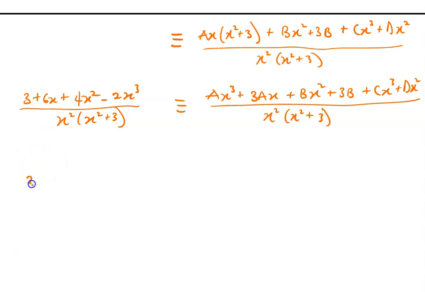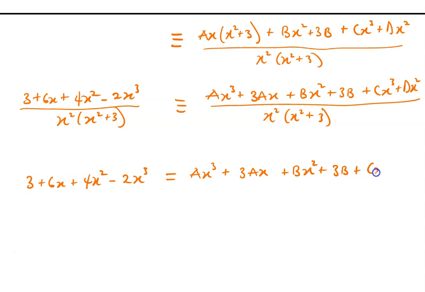You are going to get 3 plus 6x plus 4x squared minus 2x cubed is equal to ax cubed plus 3ax, right? Plus bx squared plus 3b plus cx cubed plus dx squared.